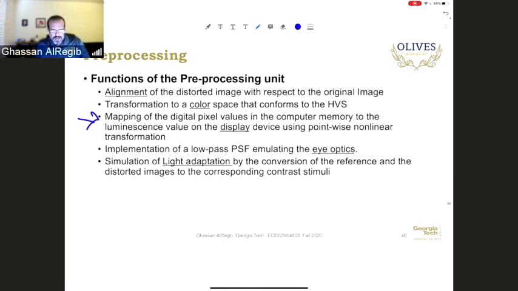And then if we'd like to implement, if you divide your image into blocks, for example, then we'd like to have a low-pass PSF, basically to focus on the center of the block and give less weight to the surrounding edges and boundaries in the block. And then how we can simulate light adaptation, where we can convert these into what we refer to as the contrast stimuli.